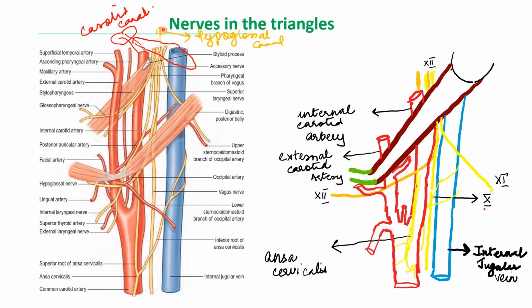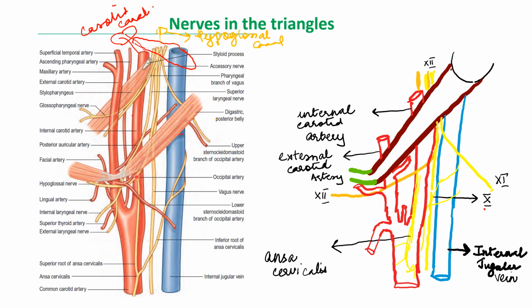The hypoglossal nerve exits through the hypoglossal canal. After it has exited, initially it is present posterior to the vagus. Then it crosses and comes anteriorly. It comes below the posterior belly of digastric.